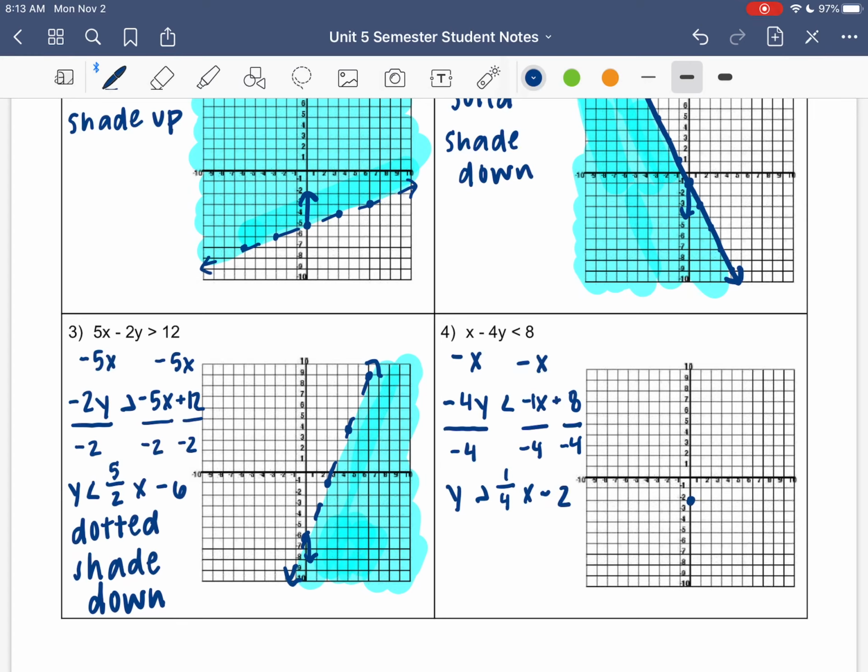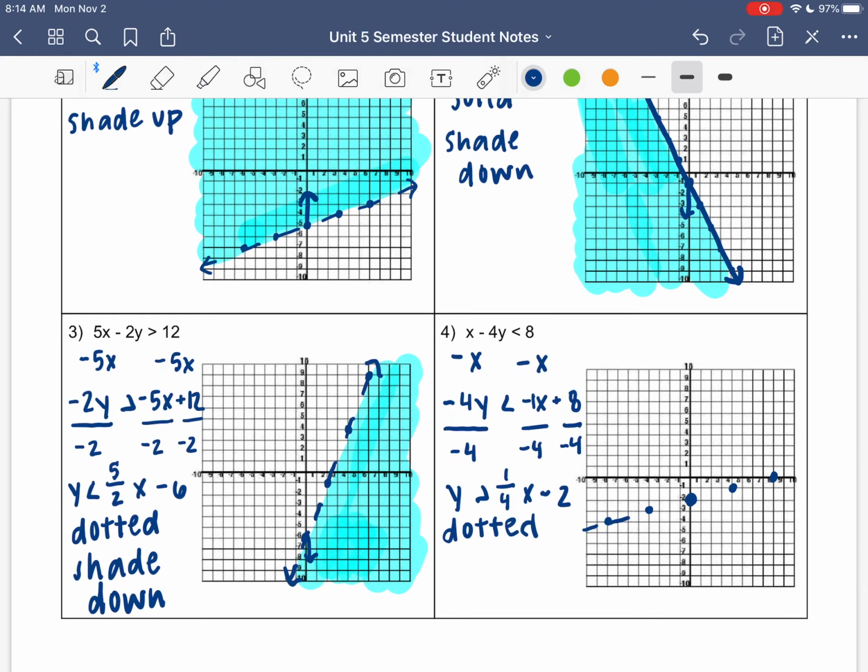So we start our graph, y-axis, at -2. We're going to go up 1 and over 4, according to our slope. We can go the other way, down 1 and left 4. Once we get those points here, we've got our two things to think about, dotted or solid. We should have a dotted line here because that symbol is just greater than.